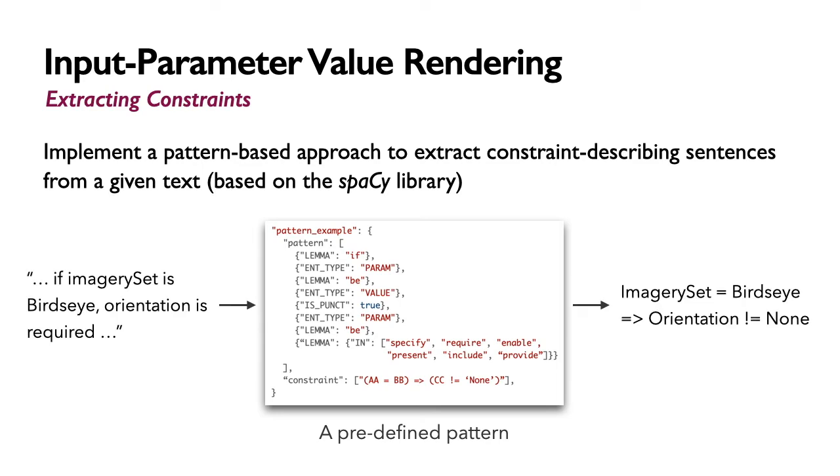For a given text, REST-AT will first use a pattern-based matching engine to determine whether the sentence describes a constraint or not. And if the answer is yes, the formal representation of the constraint can be extracted according to the rules specified in the pattern.